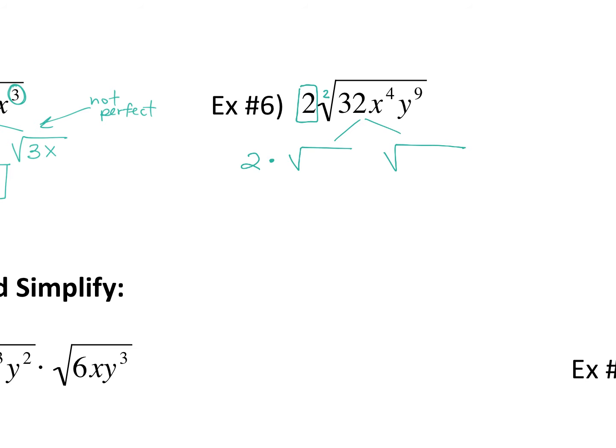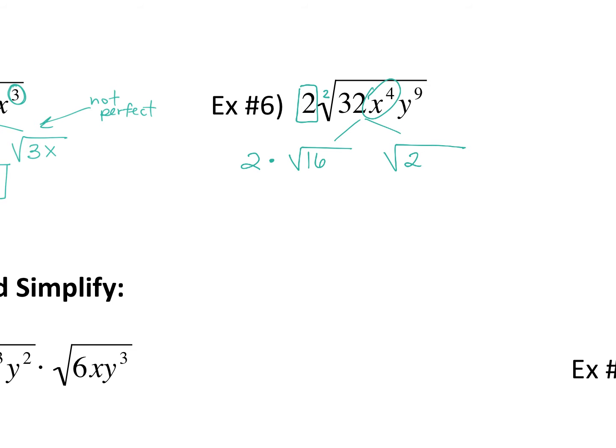We're going to break the 32 x to the 4th, y to the 9th into 2 separate things, the perfect squares and the non-perfect squares. Do you know of a perfect square that 32 is divisible by? 16. So we're going to go 16 times 2. Okay. Now look at your x's. Can you take the square root of x to the 4th?